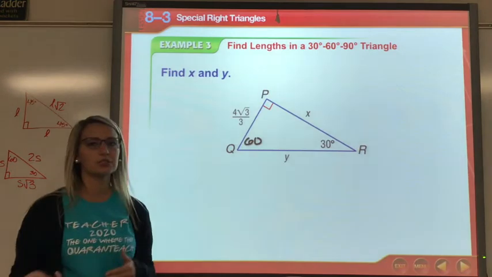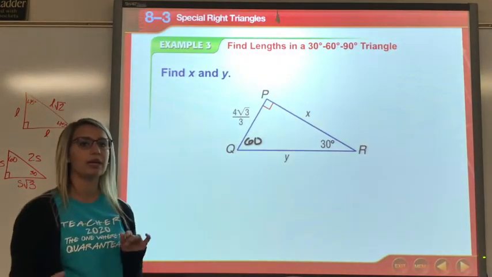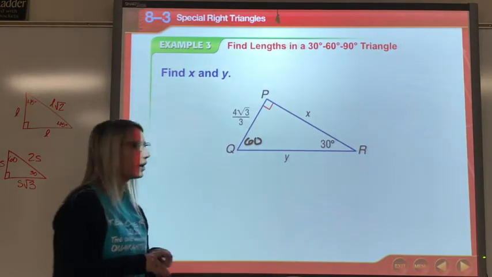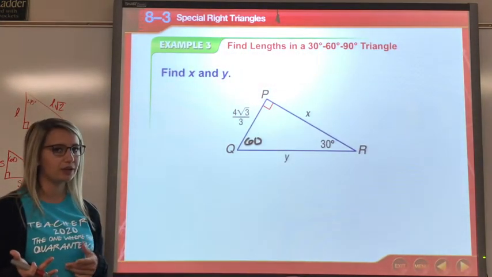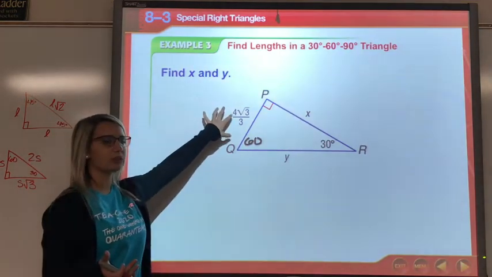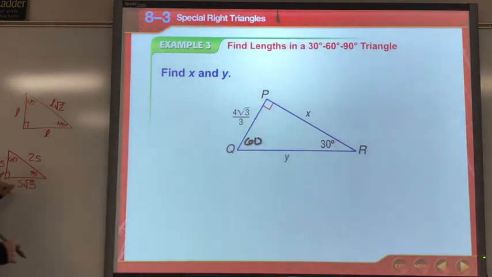Okay, so since we're given the short side, we know that we're doing case 1, which is what we did on that other slide. So first, it told us to find the hypotenuse, and that was really easy because all we had to do was multiply the short side by 2. Because over here we have s as our short side and 2s as our hypotenuse.